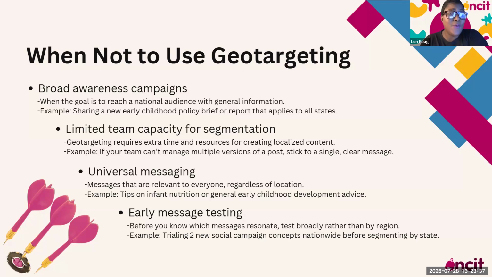You can say it a couple of different ways, or with a couple of different images, to see what takes off best. Once you figure that out, you can decide, okay, we might need to make this more localized for a certain state and run it again since it performs so well. So those are some things to keep in your back pocket.